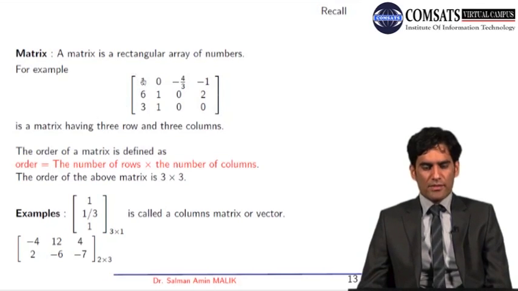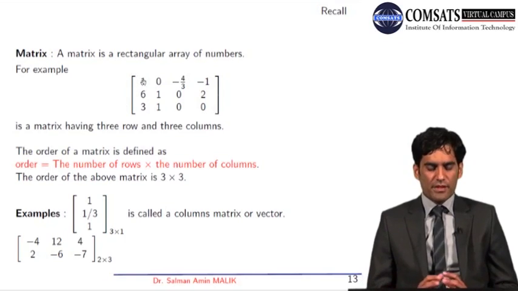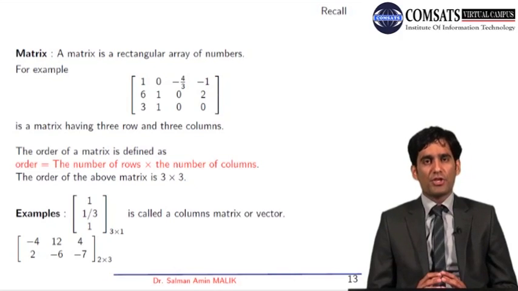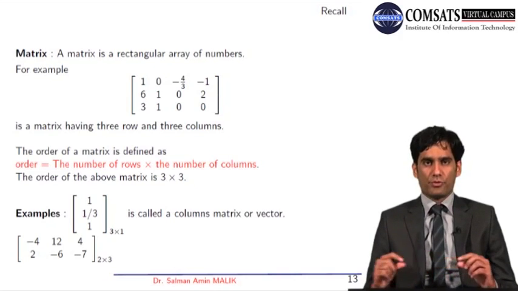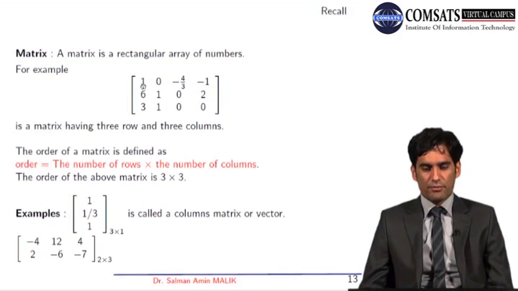Order means, since I told you that a matrix is an arrangement of numbers, this is an arrangement in which we arrange the numbers in rows. In this matrix we have this first row, and the first entry of the first row is 1. The second entry of the first row is 0, and we read it as first row and first column.